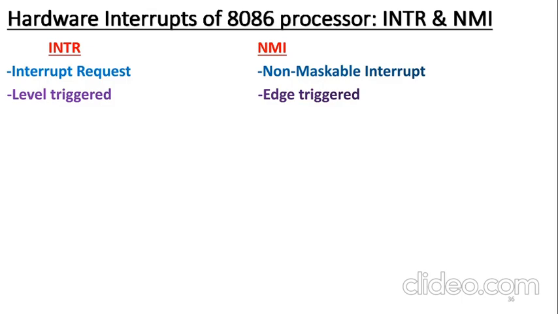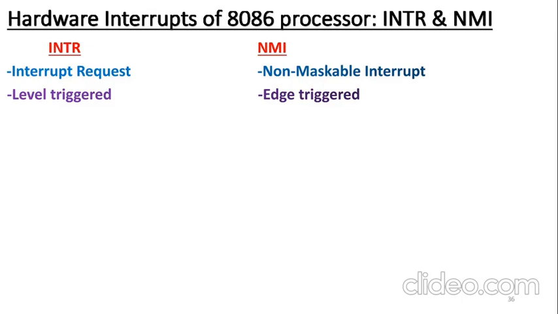Whereas in case of NMI, the non-maskable interrupt, the device connected to NMI should give a positive going edge on the NMI pin so that the processor will get interrupted. If the device connected to NMI gives a plus 5 volt level instead of a positive going edge, the processor will not recognize that as a valid interrupt and will not be interrupted.